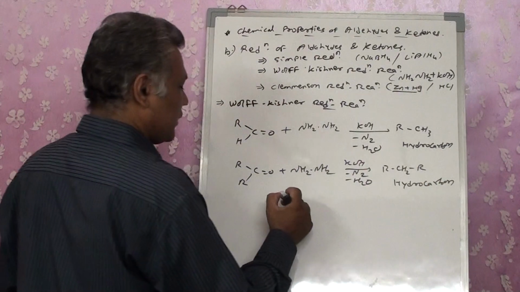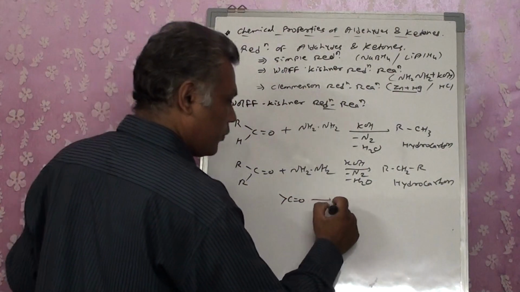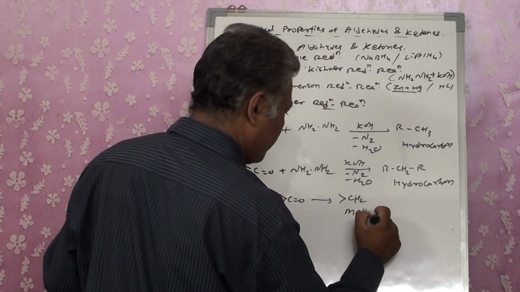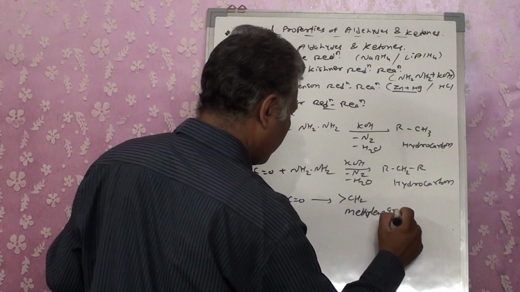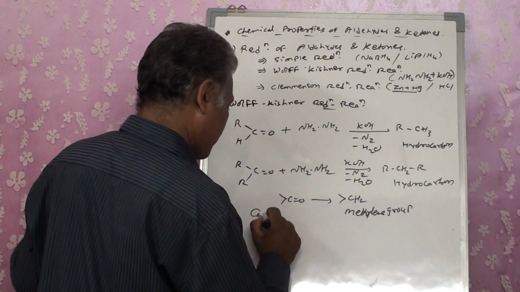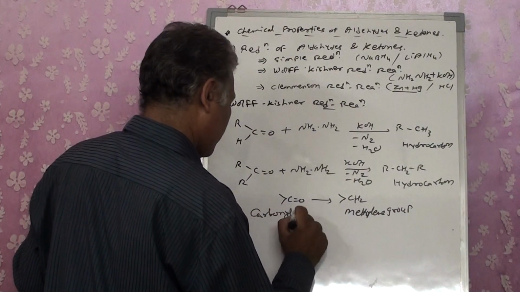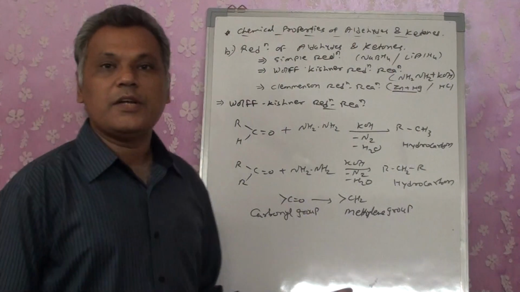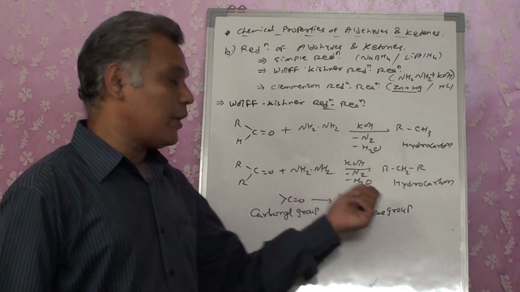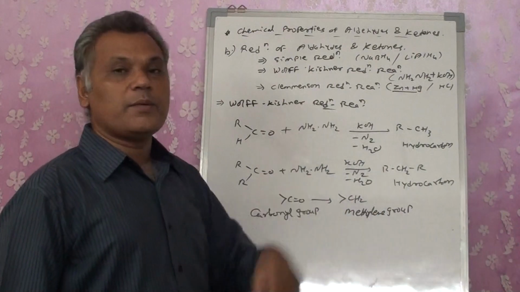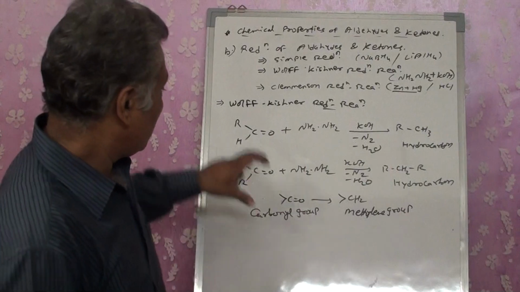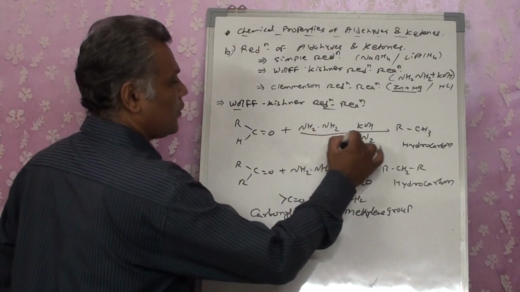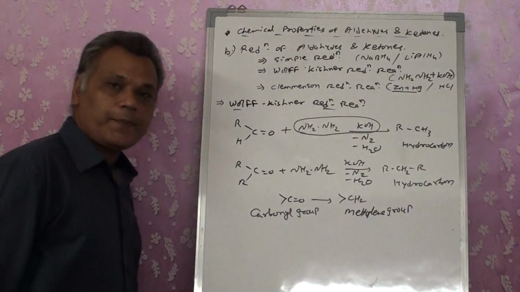In short, you can say that your carbonyl group is converted into a methylene group. In this reaction, in your carbonyl group C double bond O, the oxygen is removed and hydrogen is added, and that is why it is termed a reduction reaction. So this is particularly the Wolff-Kishner reaction, NH2NH2 and KOH.